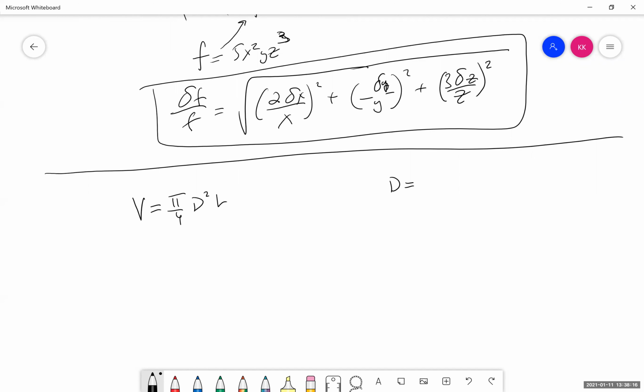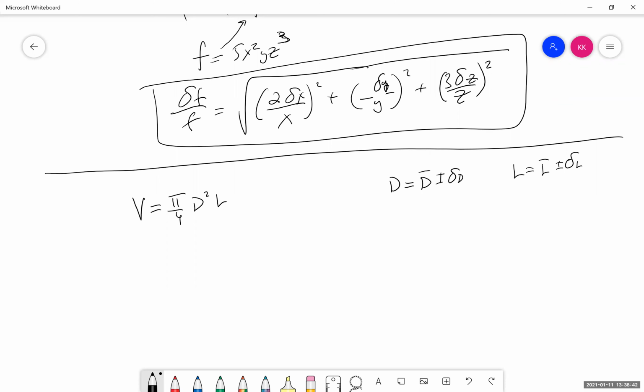That means I can say this is d plus minus delta d. In a way, I can say that sigma d and delta d are pretty much identical because they represent the error in the measurement, the uncertainty. And L was also the average plus minus delta L.